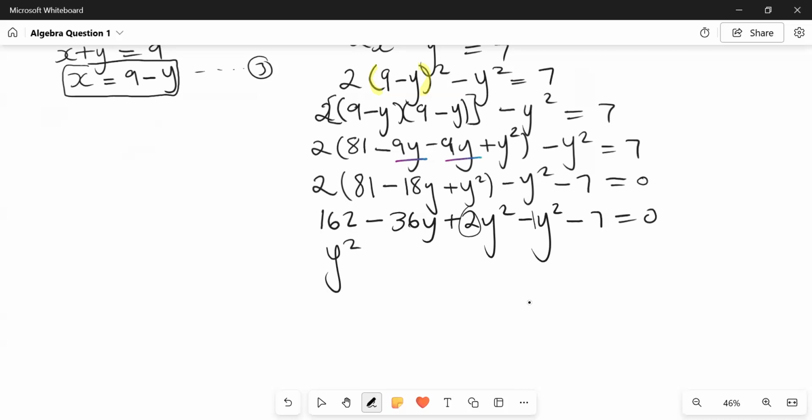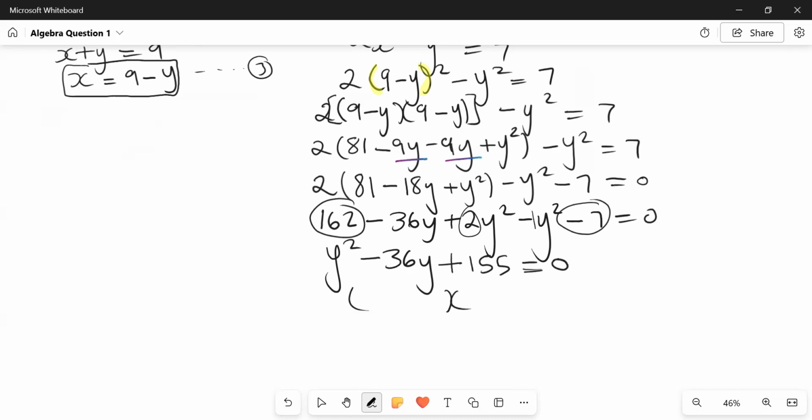We don't have any like term for negative 36y, so let's just drop it down: negative 36y. And then 162 minus 7, that's positive 155, as I've said, equals 0.